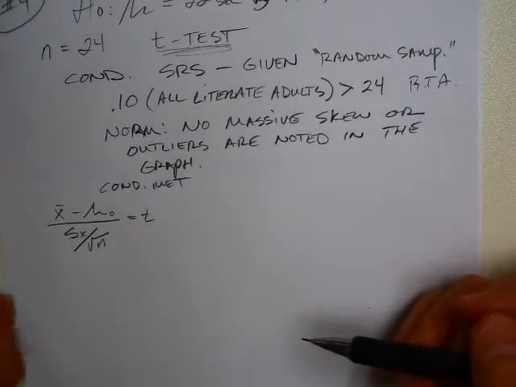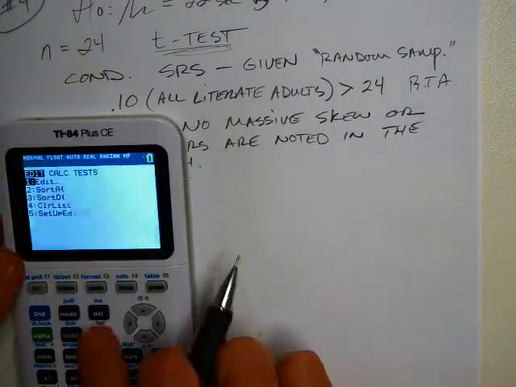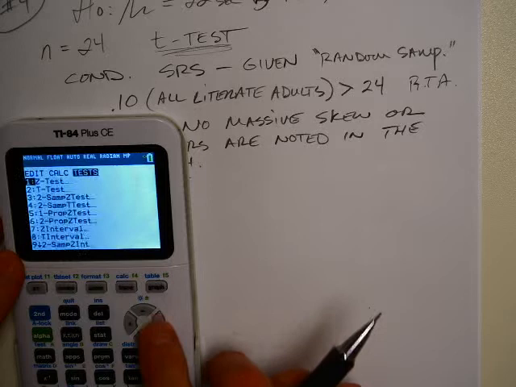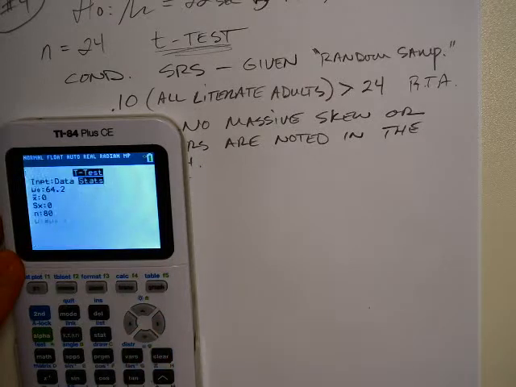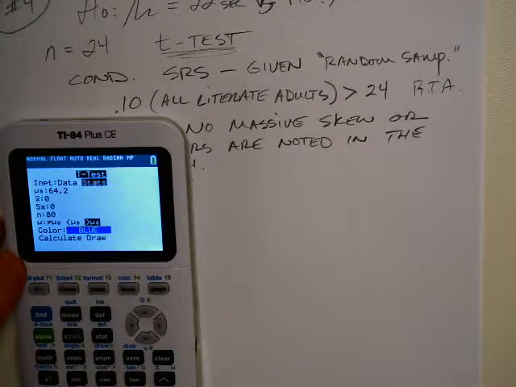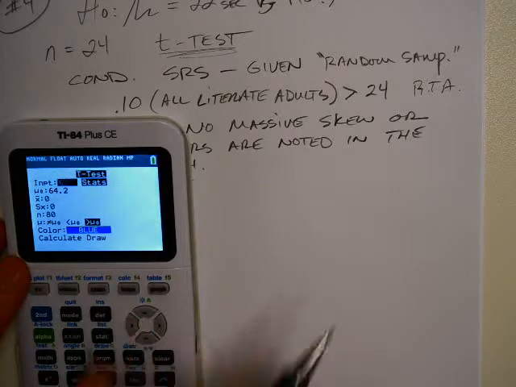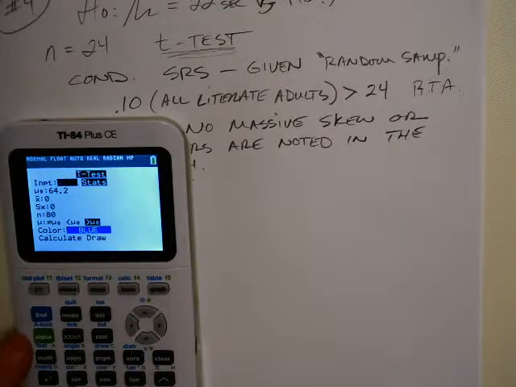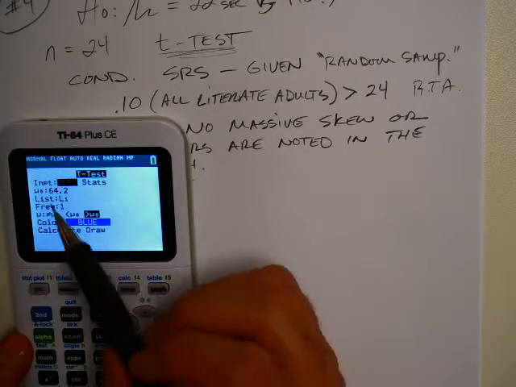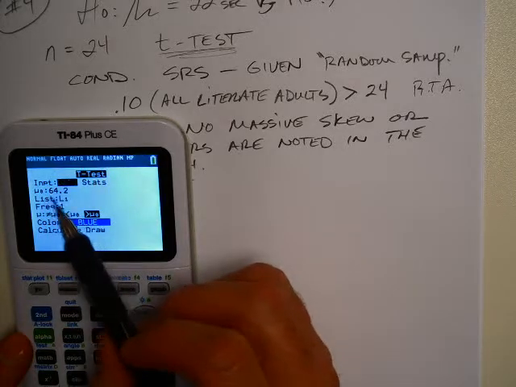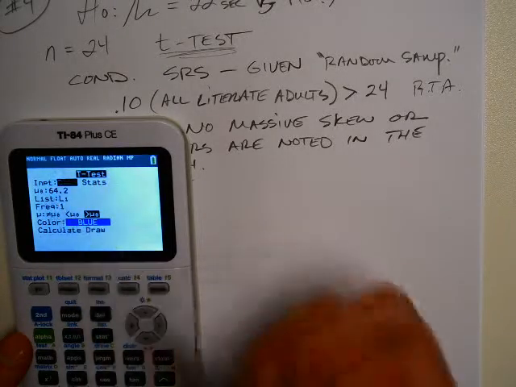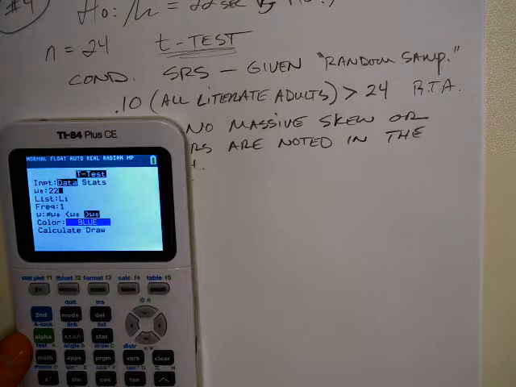So I'm going to go to stat, tests, t-test. In this case, I've got the data. It's in the calculator. I'm going to let it do the work. I still have to tell it what the null hypothesis is, and that's going to be 22 seconds in this case.